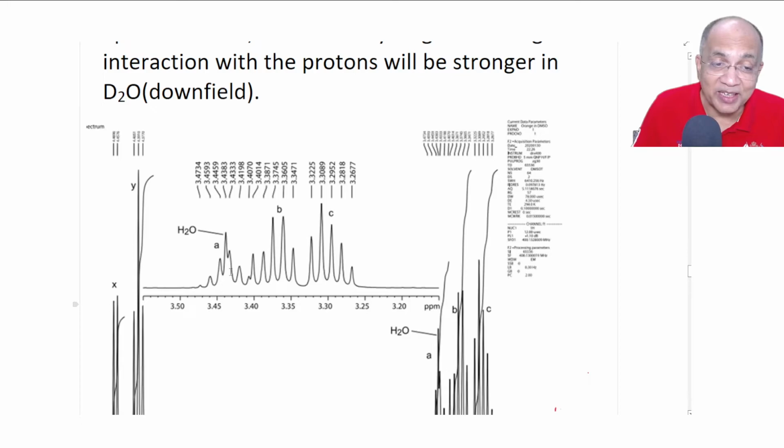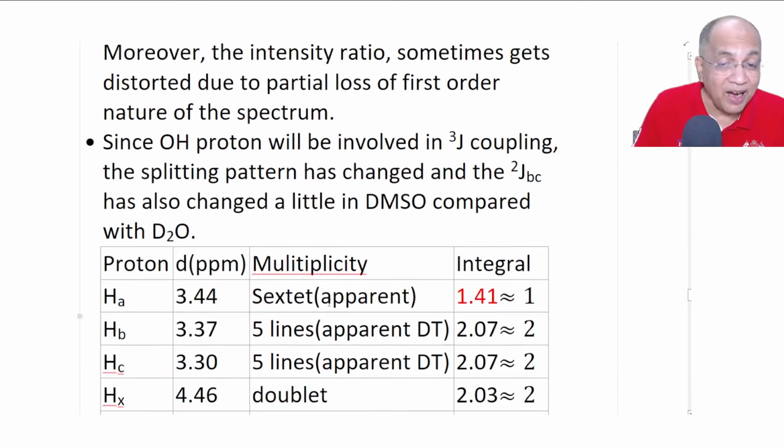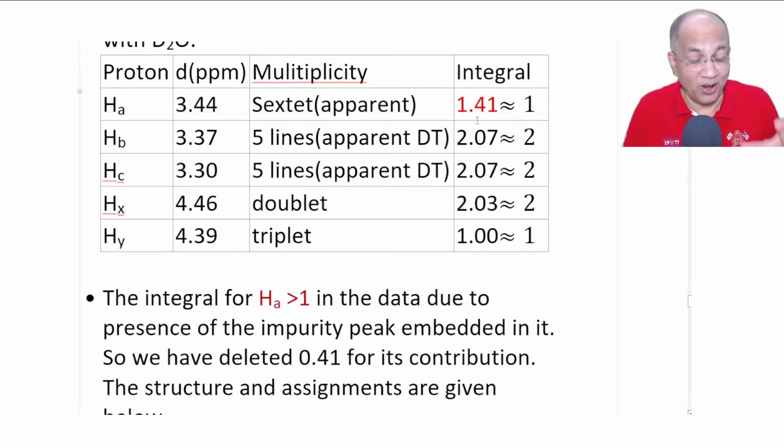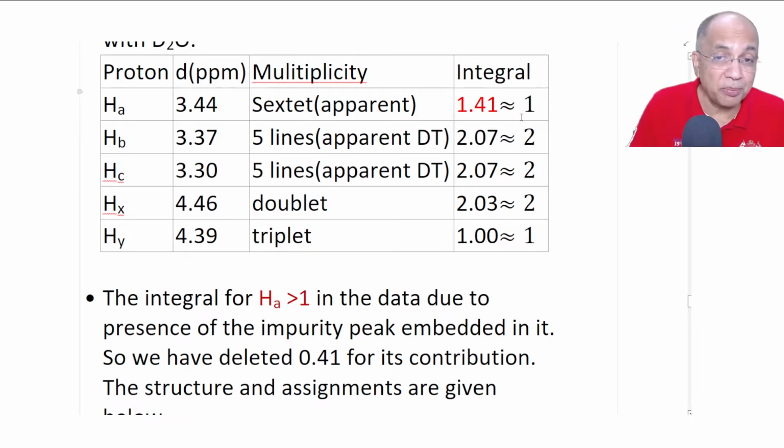That is why it is giving an extra integral height, so we have to ignore this 0.41 for the contribution of the water impurity peak, so it is really 1. This sextet is for HA, and this was a 9-line TT in the D2O case.